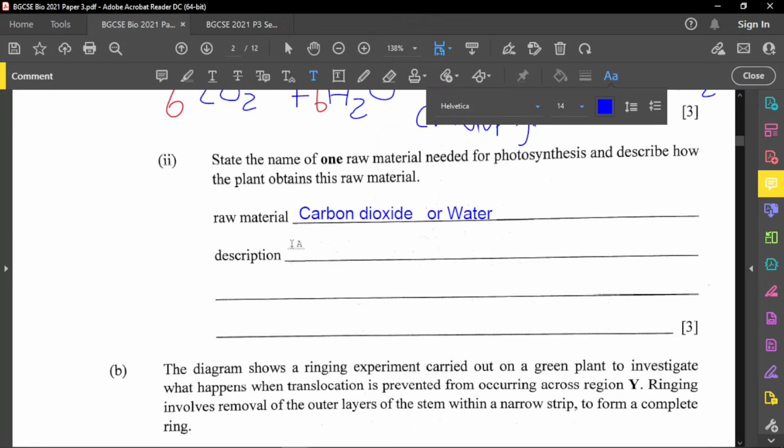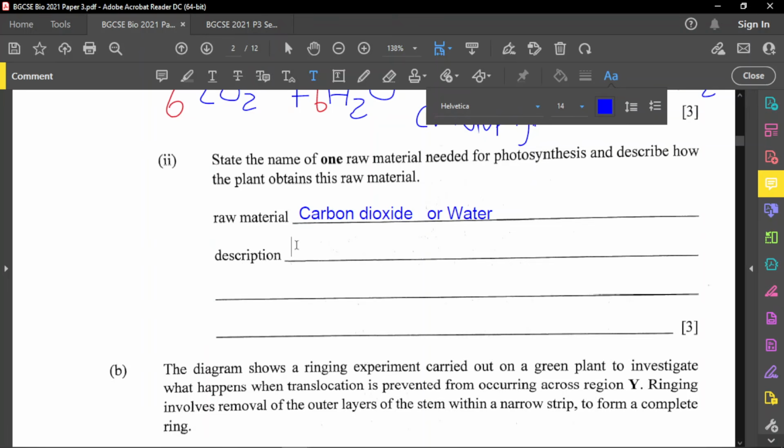Please write the name. I notice even this question is very specific. State the name, not the formula, because sometimes we write the formula and we're so confident that this is the answer. Yes, it is the answer, but it didn't follow the proper instructions, and so therefore you will not earn a mark. So please be careful. It's best to write the name, and if you wish, you put the formula in bracket.